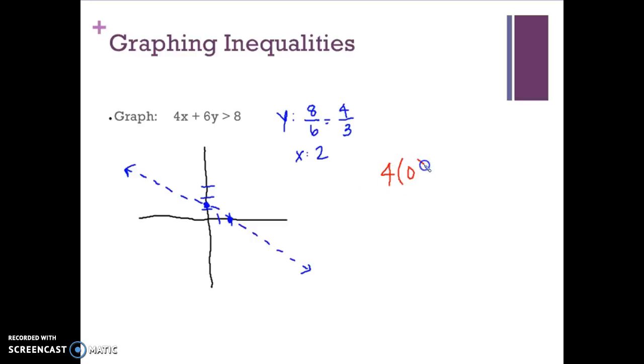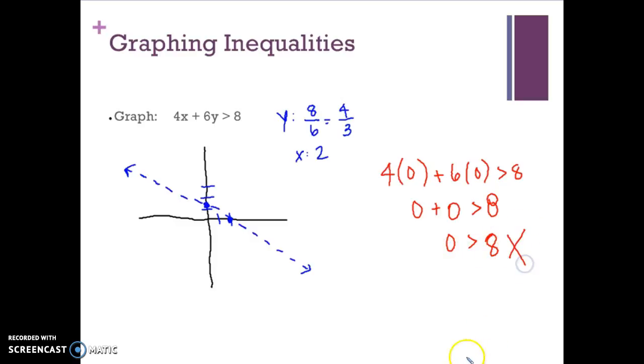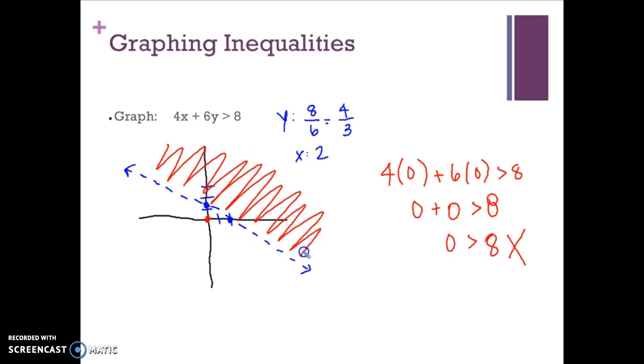So I've got 4 times 0 plus 6 times 0 greater than 8. 4 times 0 is 0. 6 times 0 is 0. So then I end up with 0 is greater than 8. 0 is not greater than 8, so this is a false statement, which means 0, 0 is right here on my graph. It's not part of the solution, so I'm going to shade on the other side.